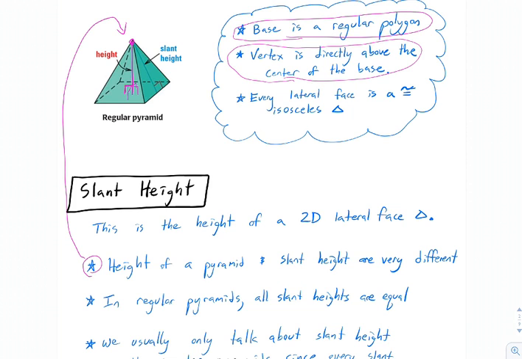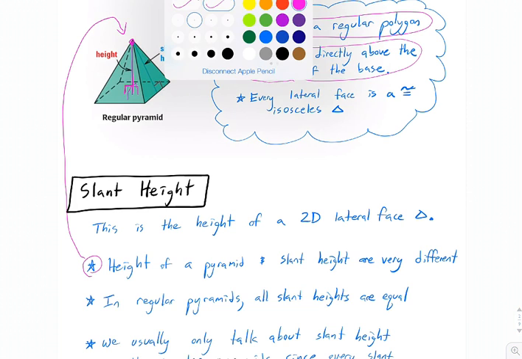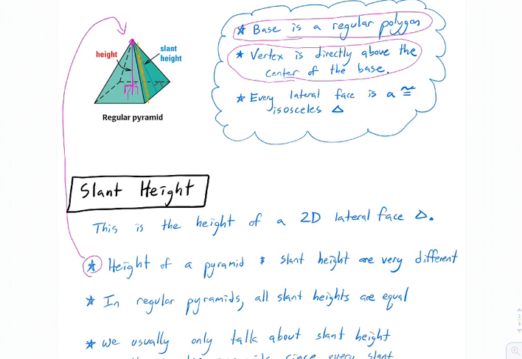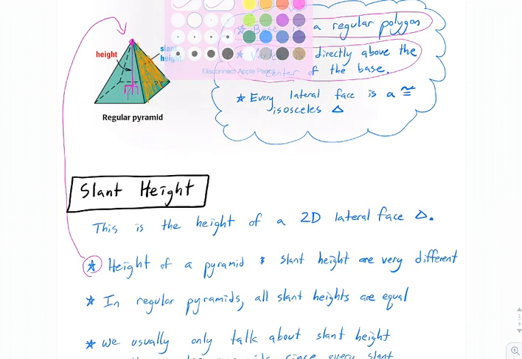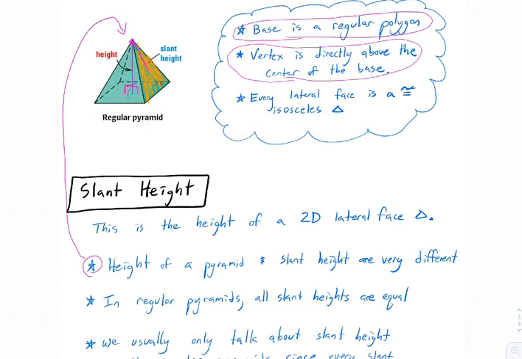However, if we want to find the area of just a triangle on the surface, then what we need here is we need to know what's the height of this triangle on the side. So the height of this triangle on the side would be a line that we would paint on this surface triangle that would go down the middle of it and be perpendicular to the base of this triangle.